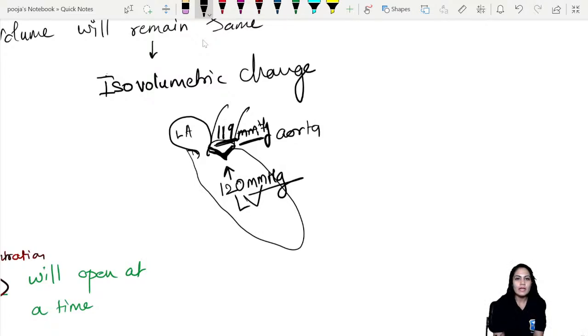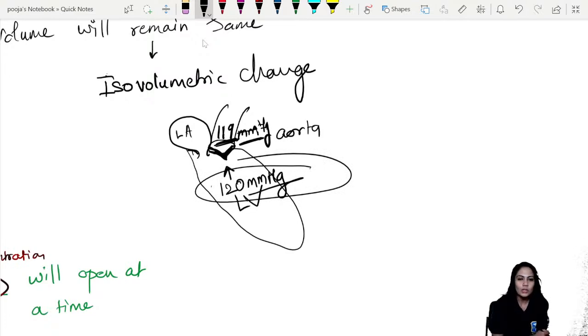Unless you apply more than 119 mmHg of force, at least 120 mmHg, the doors will not open. So that's the funda behind the understanding of valves and their openings.